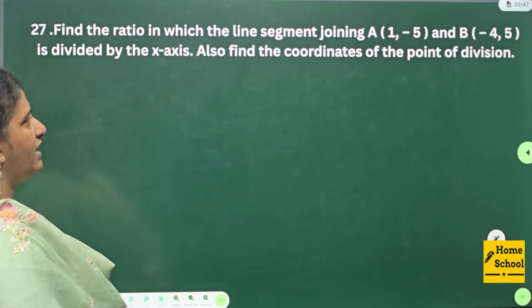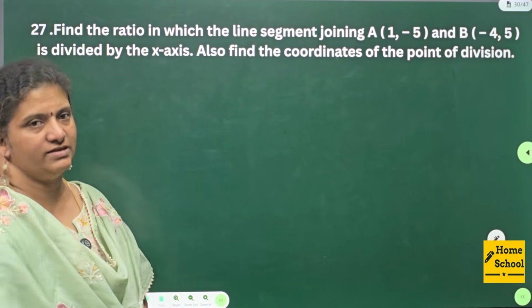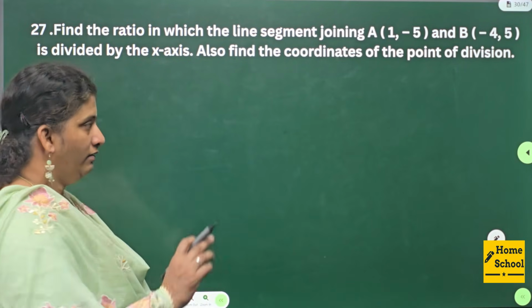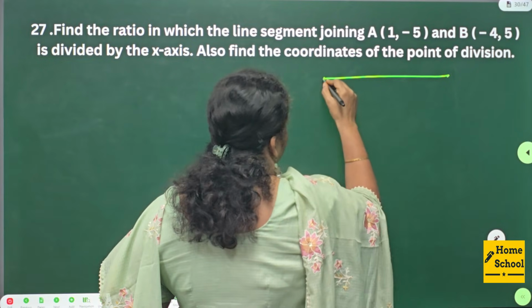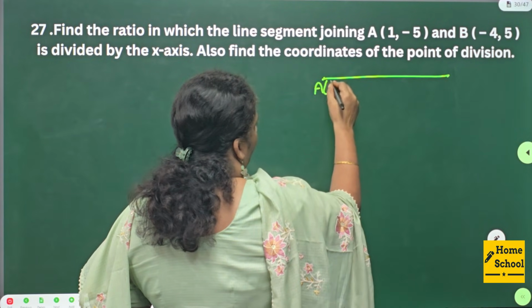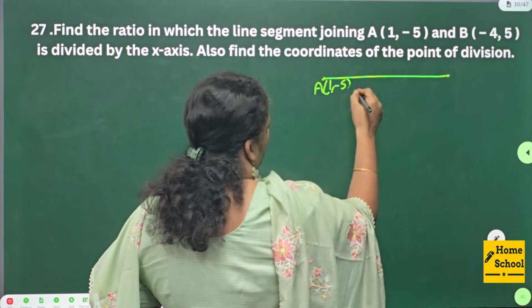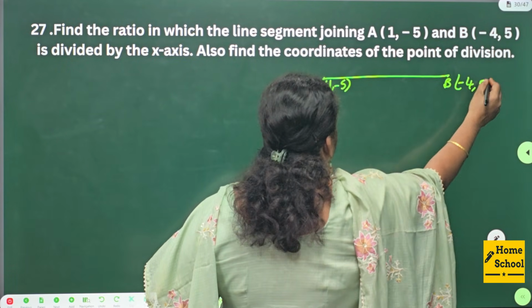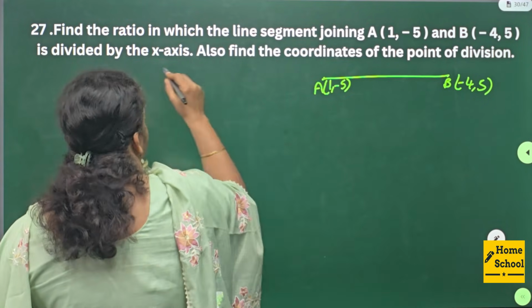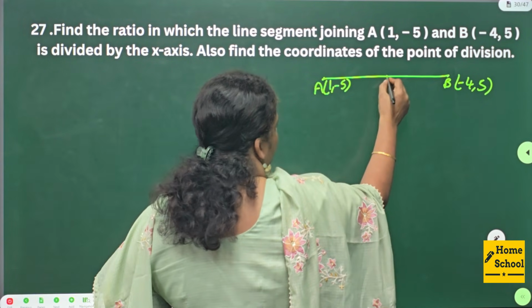Next one. 27. Find the ratio in which the line segment joining A(1, minus 5) and B(minus 4, 5) is divided by the x-axis. This is a very important point here. A line segment joining points A(1, minus 5) and B(minus 4, 5) is divided by the x-axis.